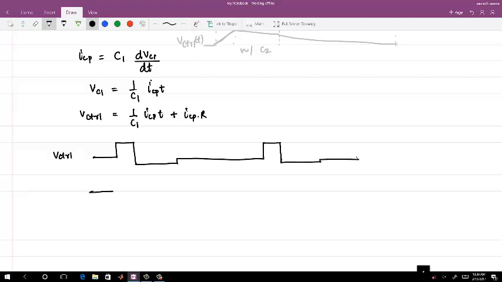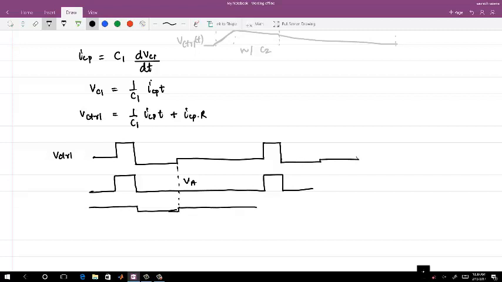Let's say this one is VA, and the other signal is VB. This consists of two signals, VA and VB. So if I ask you that V control, which equals VA plus VB, what do you think?